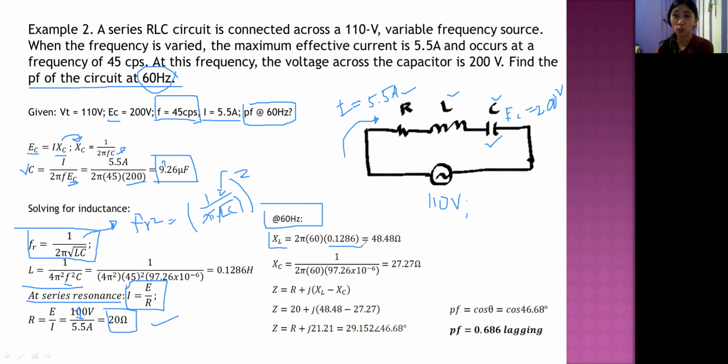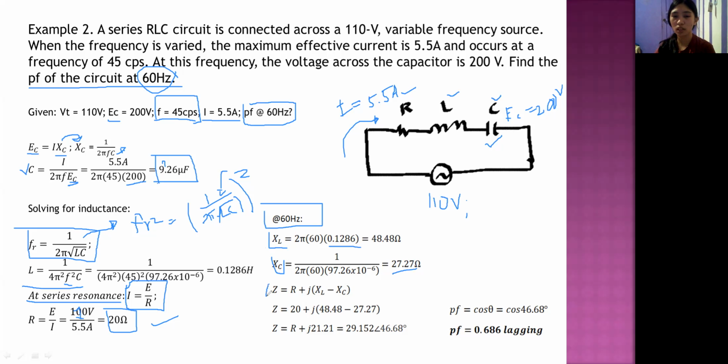What was solved is 0.1286 Henry. It will be equal to 48.48 ohm. And for the capacitive reactance, it equals 1 over 2 pi fc, yes. So 1 over 2 pi times 60 times 97.26 times 10 negative 6. If you calculate that, you'll get an answer of 27.27 ohm.